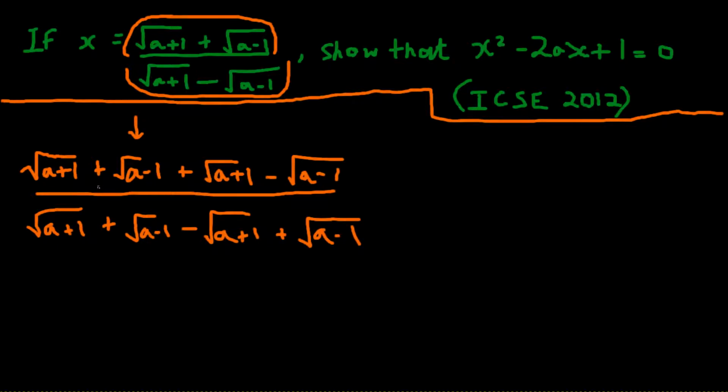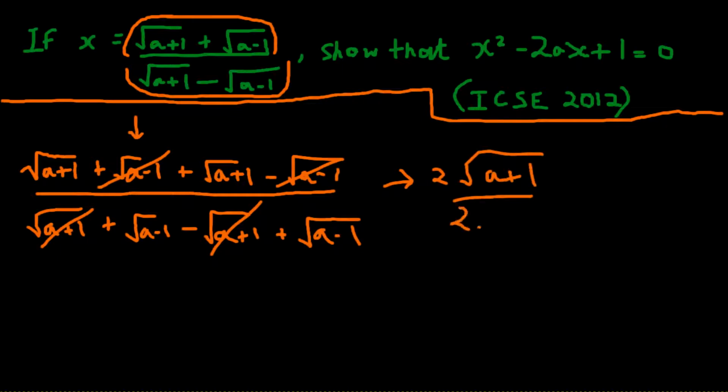So cut these. Over here it's root a plus 1 and it's minus root a plus 1. Similarly cut. What you're left with is 2 root a plus 1 upon 2 root a minus 1.